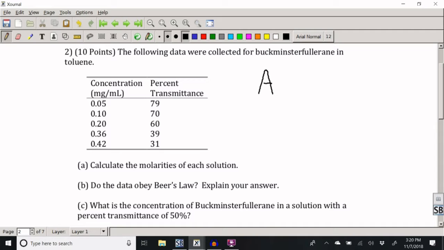Yes. Absorbance is equal to the log of 100, which is 2, minus the base 10 log of your percent T. That's an equation that's worth remembering. All right, and of course, if you go in the other direction, you can rearrange it.